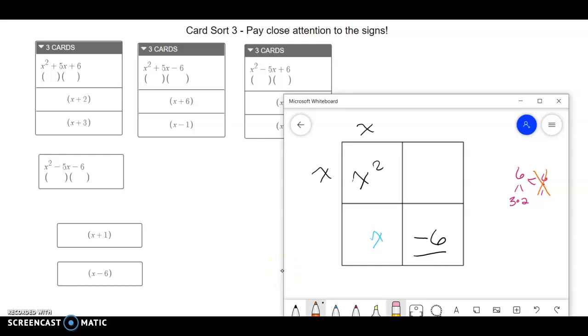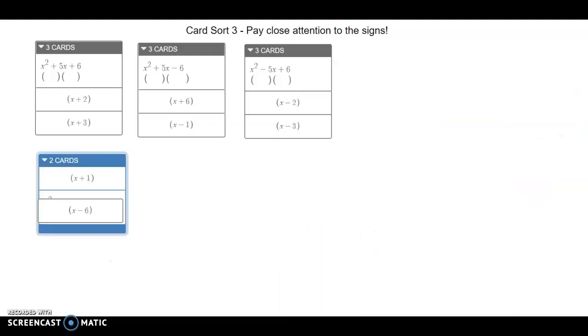Since I kind of got it down just a little bit, I know that -6 plus a 1 is actually going to give me a -5. I don't really need to do the math once I start getting a hang of it, but it's always nice to double check. So -6 plus a 1x will give me a -5. So these two are going to be the last ones.